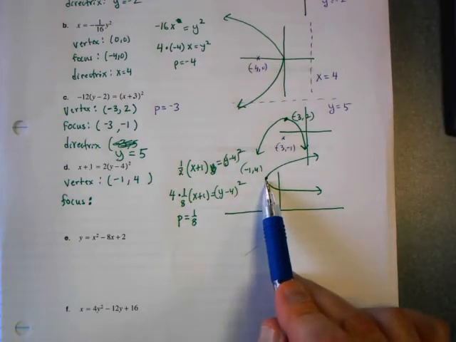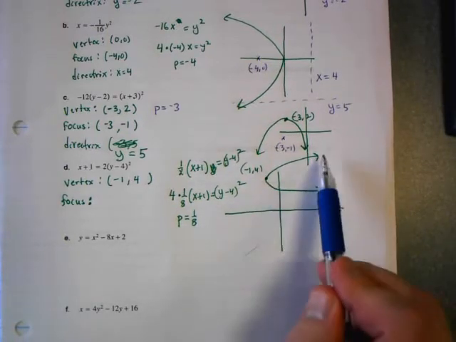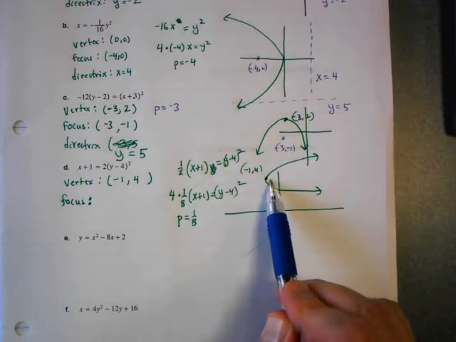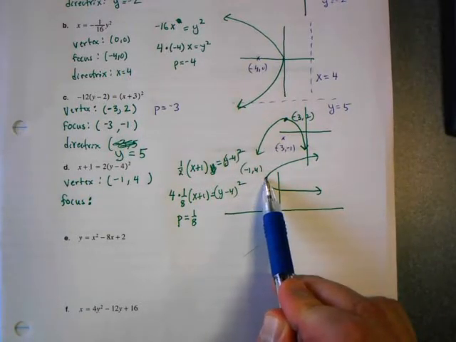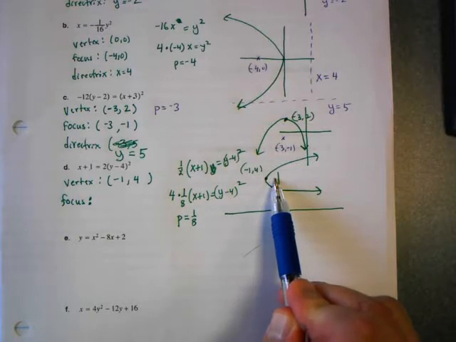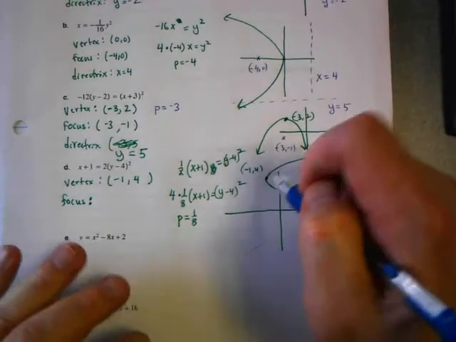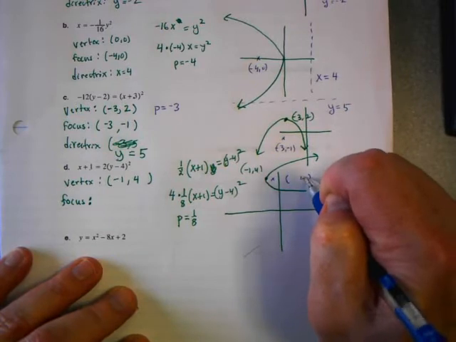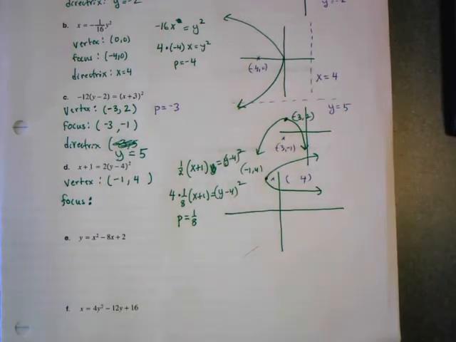You're moving the wrong direction. Since my parabola opens this way, my focus is going to be in here. So the y number is not changing. What's changing? The x number changes this time. So my focus is in here. The y value is still going to be 4 because it's moving straight to the right.